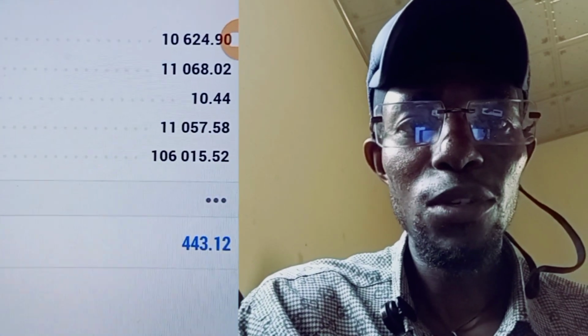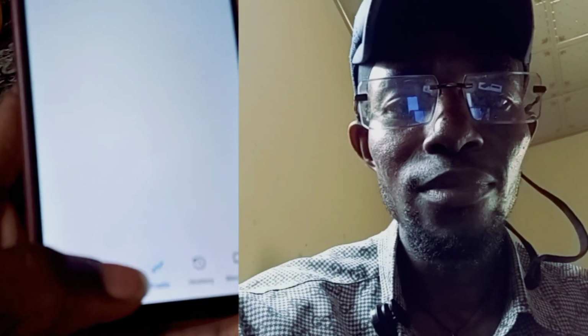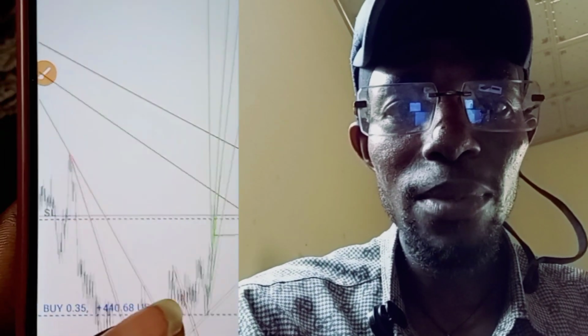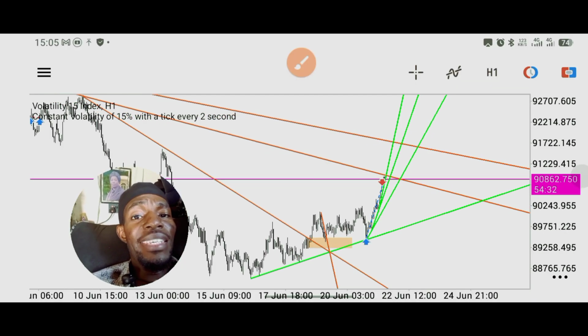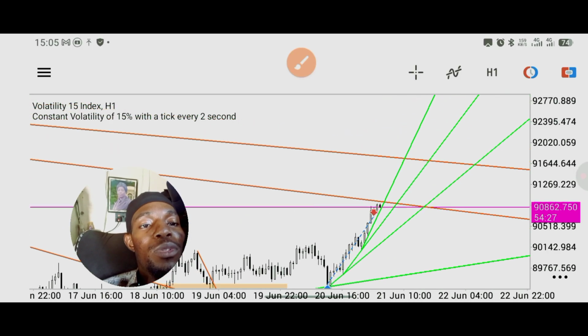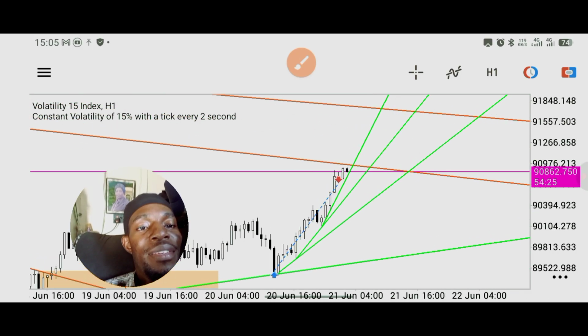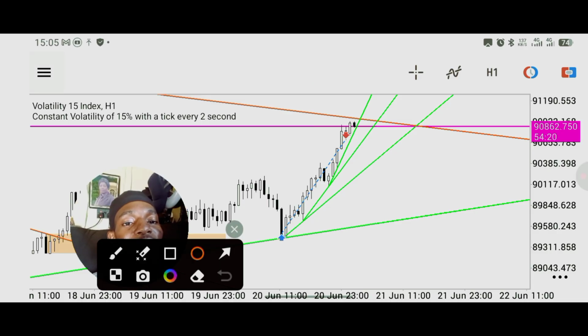So this is my profit currently. I'm at $11,060. So let's see what's happening. This is the chart, right? This is V15. I've currently been taken out of the trade, right? And this is how far it went, from here all the way to this point.